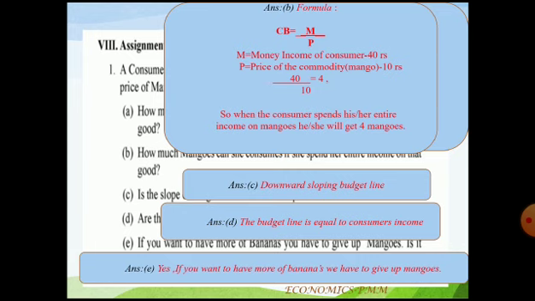Then the last one, rational behavior: if you want to purchase more of one commodity, any consumer has to reduce or give up the other commodity. This is what section E is going to give you 5 marks.